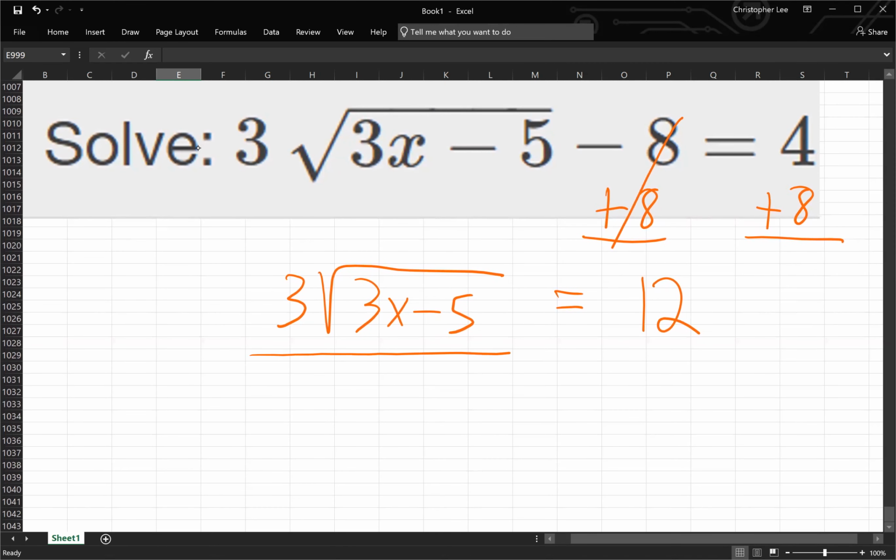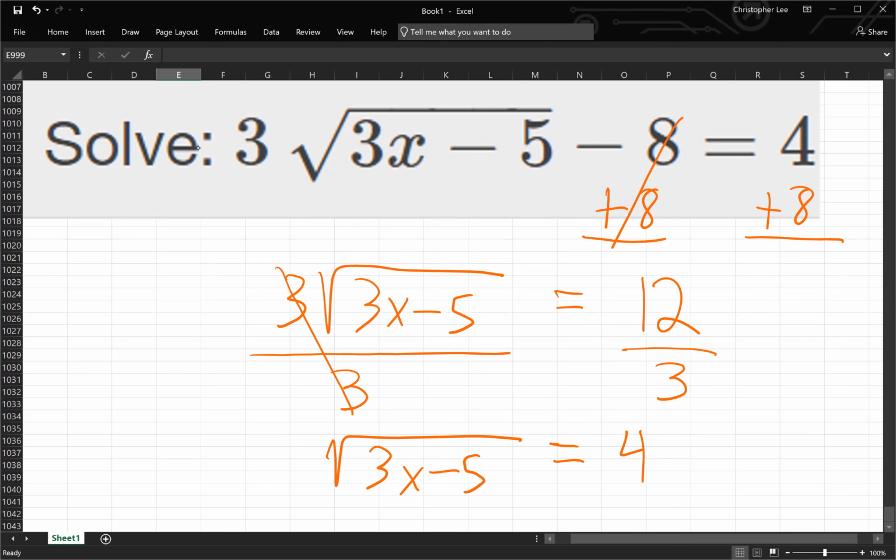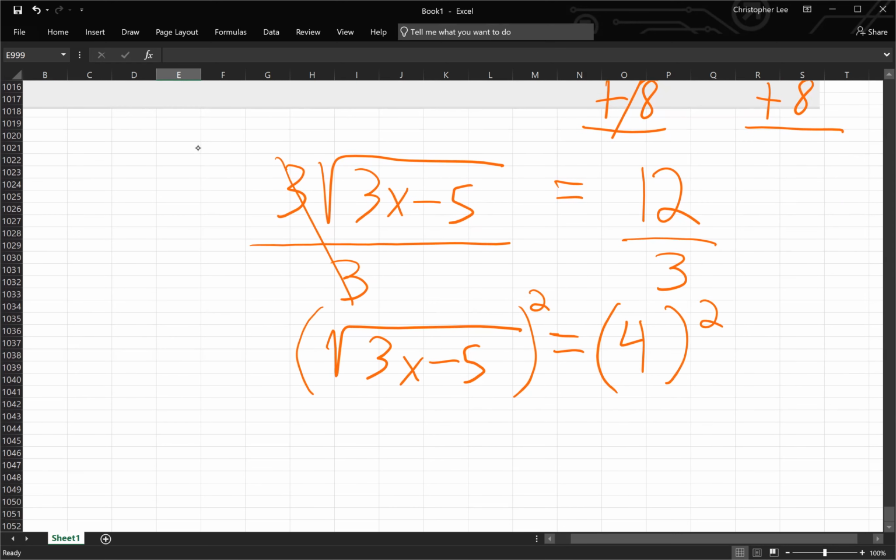Get rid of this 3 over here, divide by it. And what I do to one side, I gotta do to the other, right? So now what do I have? Square root 3x minus 5 is equal to, what's that, 4? And then you already know, right? I want to square this. Get rid of the radical, but what I do to one side, I gotta do to the other.